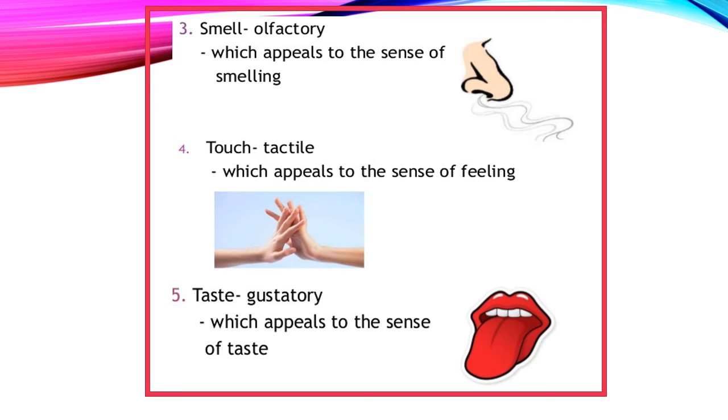In order for us to feel, we need to use our body, for example our hands or our feet. Then lastly, we have taste or gustatory. It appeals to the sense of taste. In order for us to taste, we need to use our tongue. We can taste everything that is tasteable.